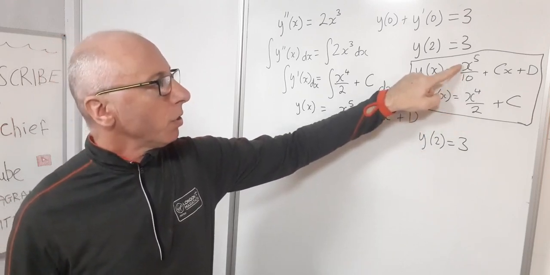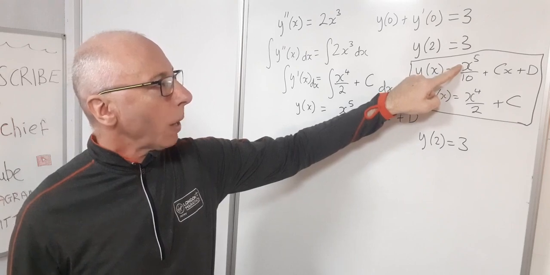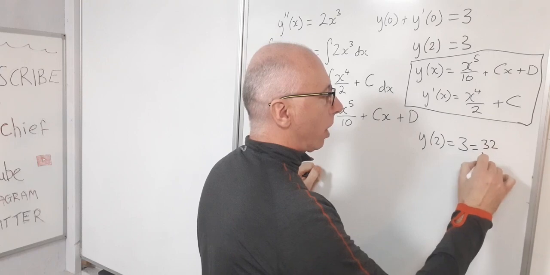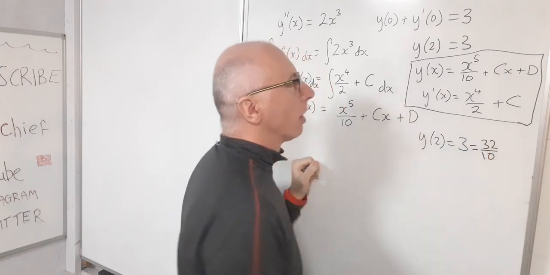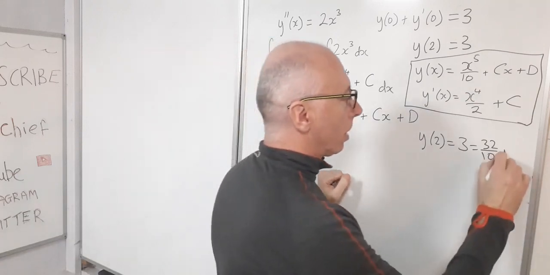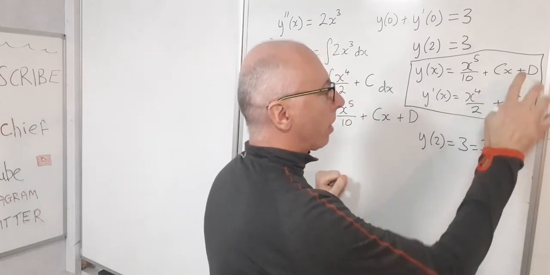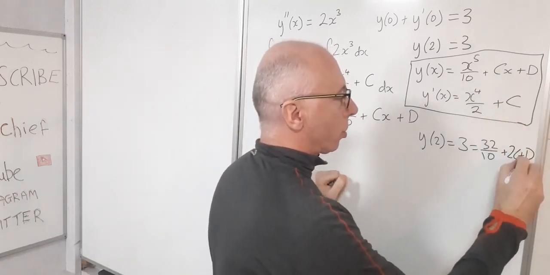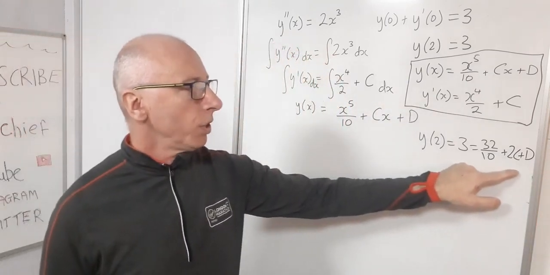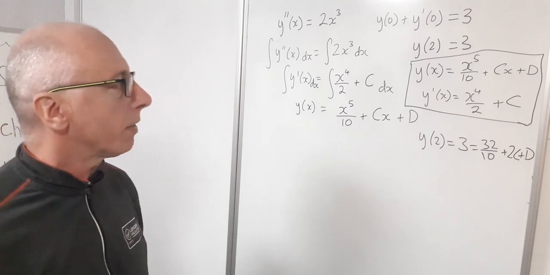Then I've got 2 to the power of 5, which is 32, so that's 32 over 10, and now I've got 2c, and then I've got my d. So 3 equals 32 over 10 plus 2c plus d.